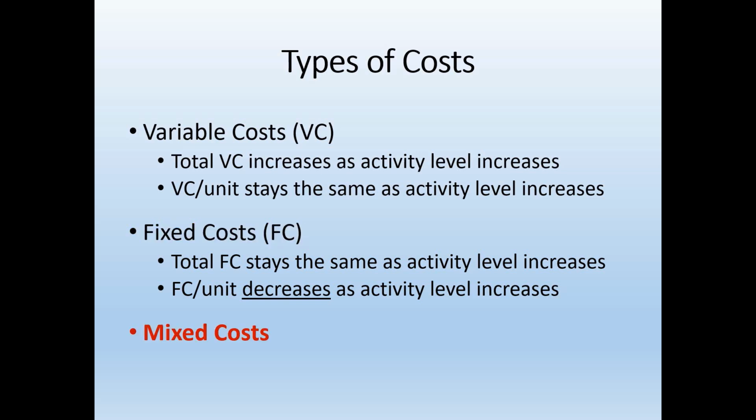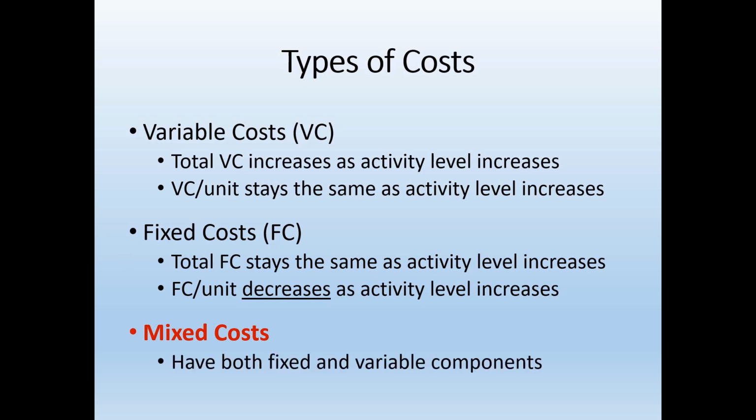Some costs aren't strictly variable or fixed. For example, a utility bill has two kinds of charges: a line charge just for having electricity, and then a usage charge that depends on how much electricity is used.